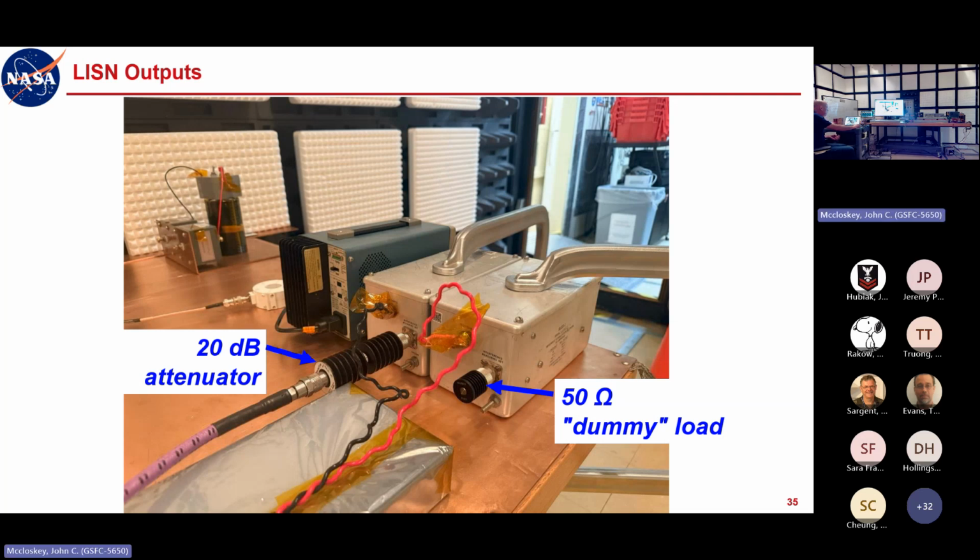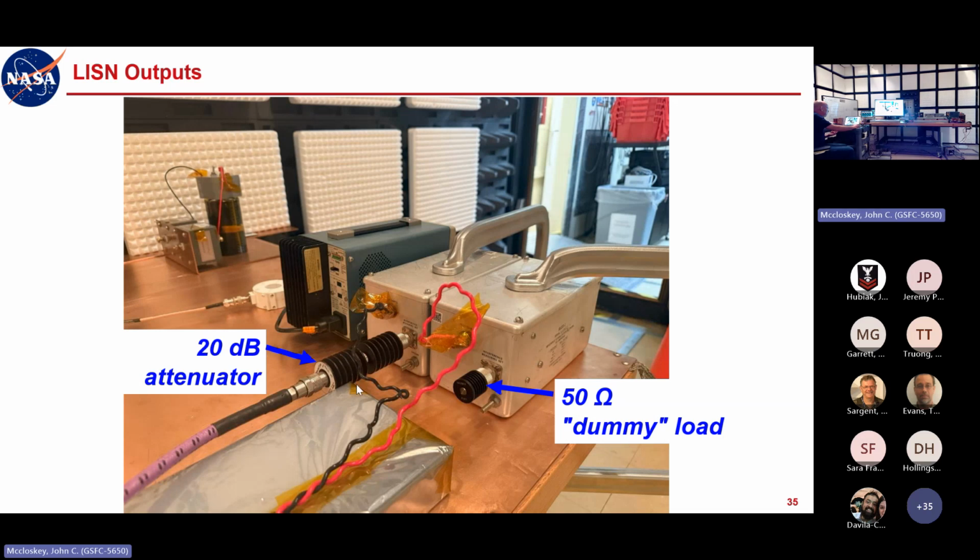With CE102 per the mil standard, you're taking a direct voltage measurement off the LISN through the measurement port. Now our measurement setup specifies a 20 dB attenuator here, just because of the signal levels that are expected, to keep them within the dynamic range of the measurement system. So that's not a prescription.